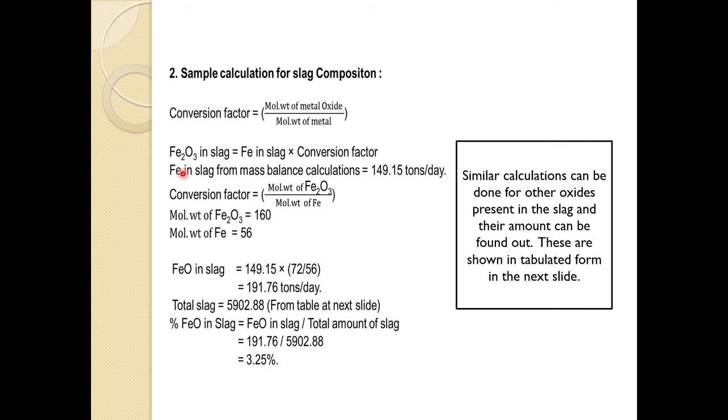conversion factor. So iron in slag from mass balance we know is 149.15 tons per day. So the conversion factor, because this is coming from Fe2O3, would be 160 divided by 56. No, actually this is iron in the slag in the form of FeO, so you have to consider the FeO.